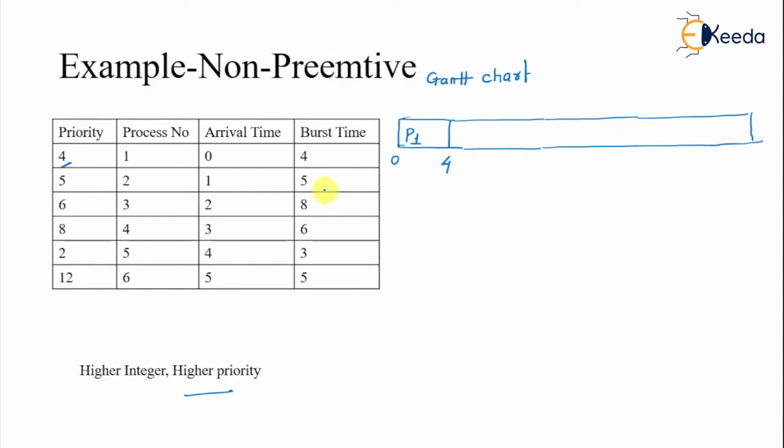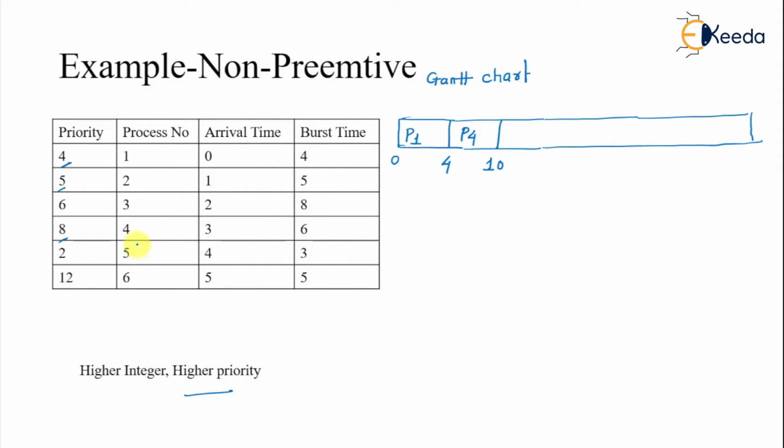By then, processes with priorities 5, 6, 8 and 2 have arrived, and among these, 8, which is P4, is the highest priority. Its burst time is 6, so P4 will be scheduled up to 10.